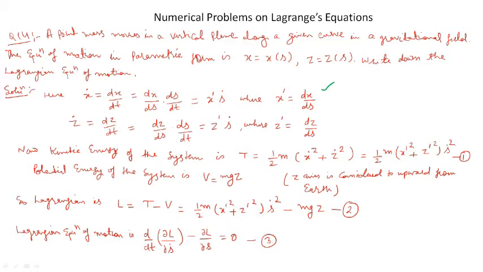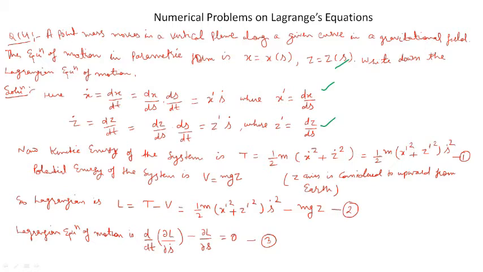Similarly, z dot will be equal to dz over dt, and because z is also a function of s, it will be written as dz over ds into ds over dt. So dz over ds, let us say, is equal to z dash, and ds over dt can be written as s dot.